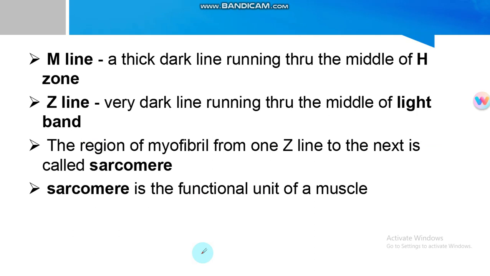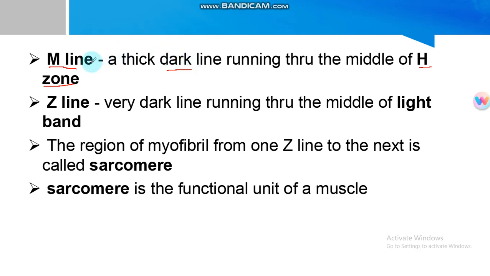Great. So in the middle of the H zone, remember what the H zone is? It is a somehow light zone in the middle of the dark band. So in the middle of the H zone, there is a line, a thick line, which is dark. There is a thick line which runs through the middle of the H zone.